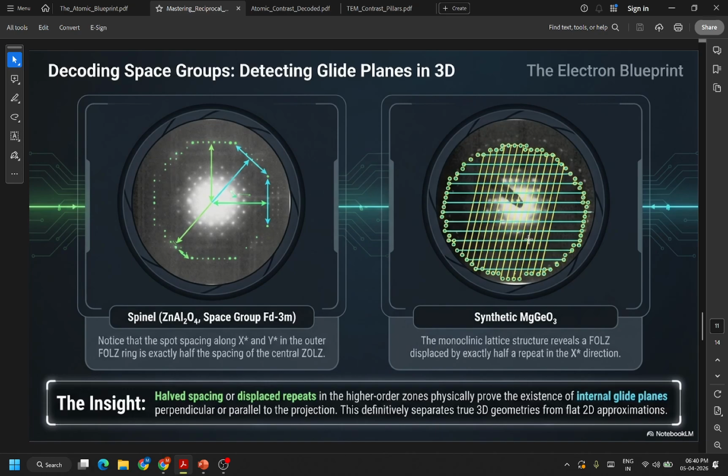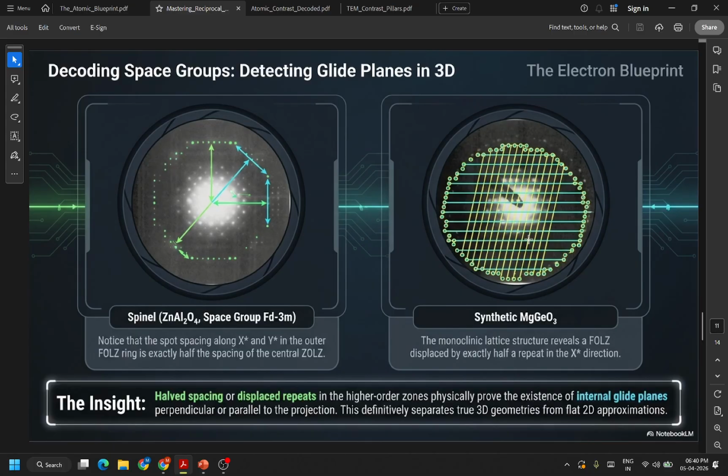So if you see in spinel, which is ZnAl2O4 with space group Fd3m, we notice that the spots spacing along X star and Y star in the outer FOLZ ring is actually half the spacing of the central zero order Laue zone.